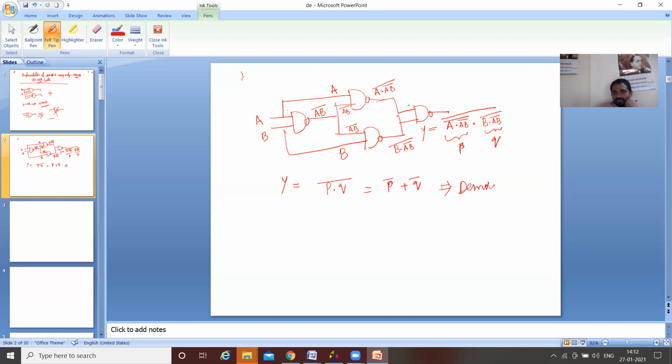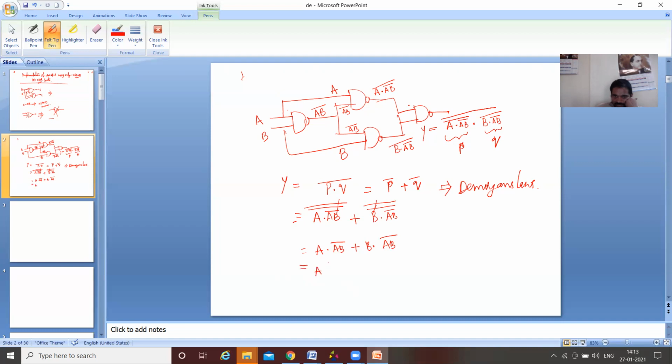So this equation will be converted into A dot AB whole bar whole bar plus B dot AB whole bar whole bar. Here the double complements and these two complements get cancelled. So this is A dot AB whole bar plus B dot AB whole bar.